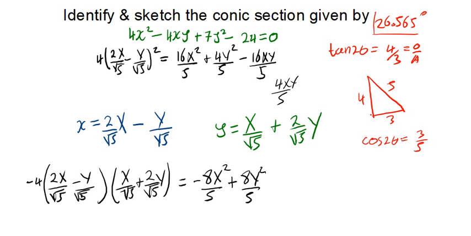Then if you multiply this one times this one, it's going to be minus xy divided by 5, which ends up giving you 3xy divided by 5. Then you multiply this positive 3 by this minus 4 here, you get something like minus 12xy divided by 5.